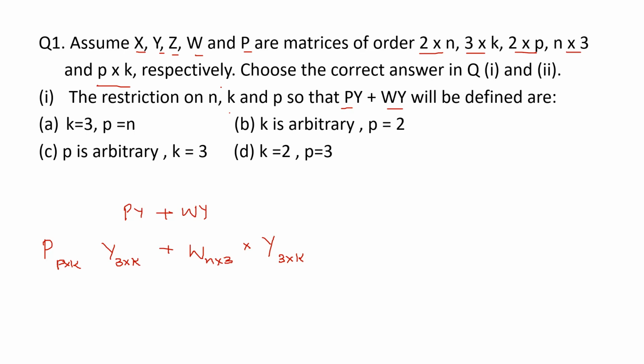P is arbitrary means P can have any value, any random value.